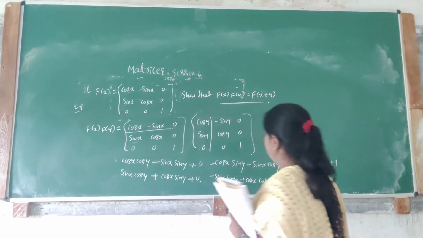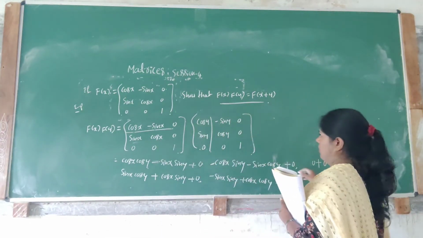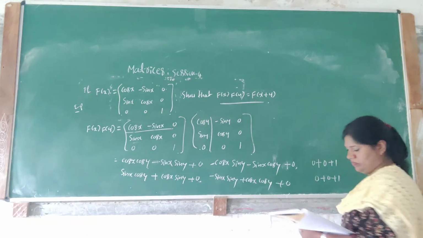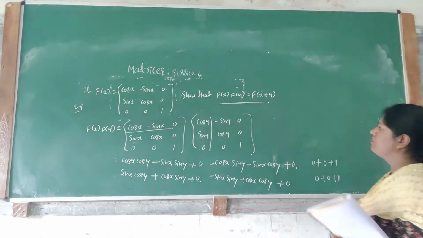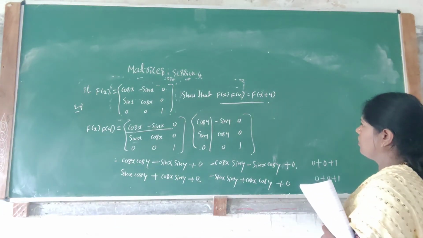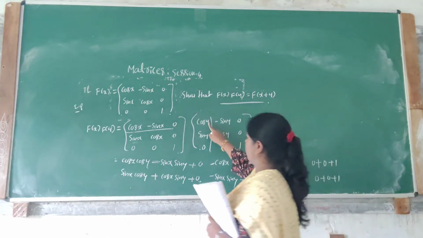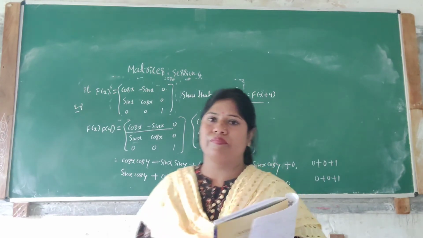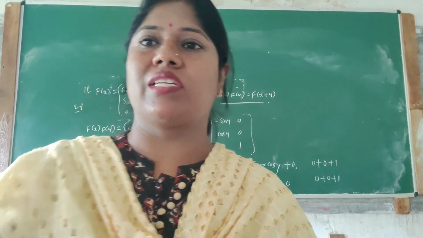Next, sin x into 0 is 0, so it will become 0 plus 0 plus 1. Second row, second column: cos x cos y minus sin x sin y. We'll continue in the next class, okay?